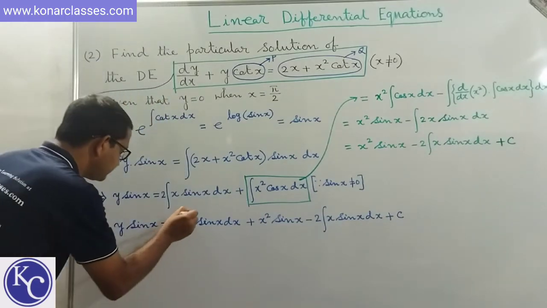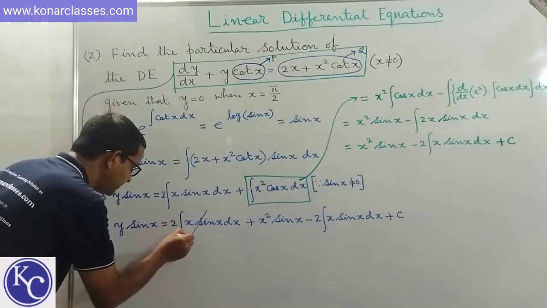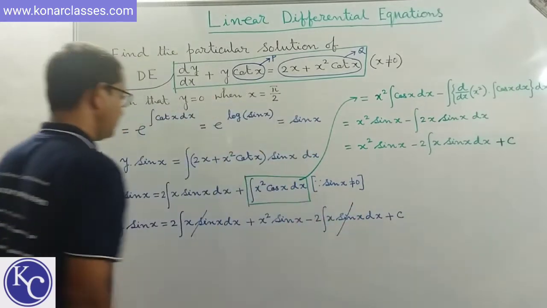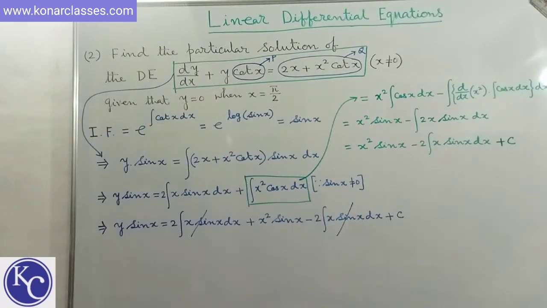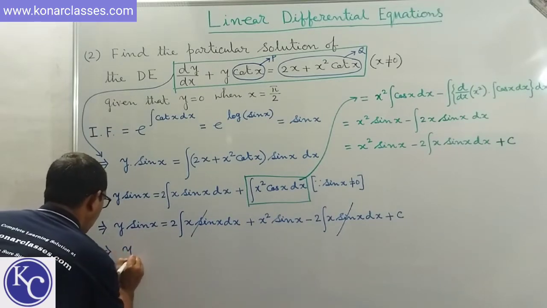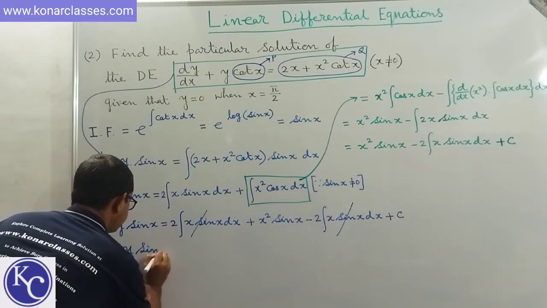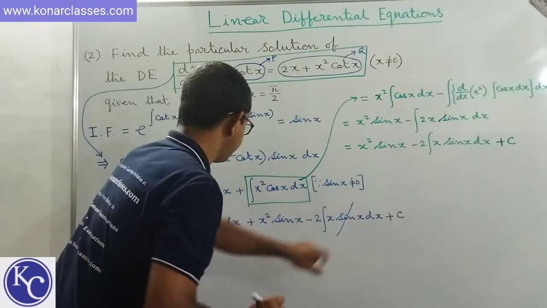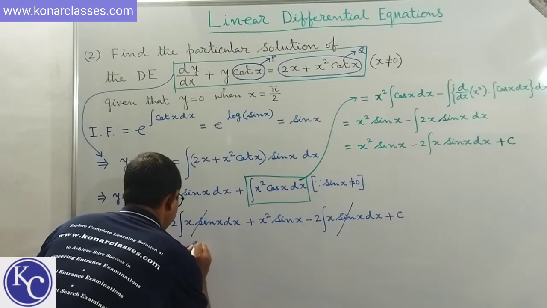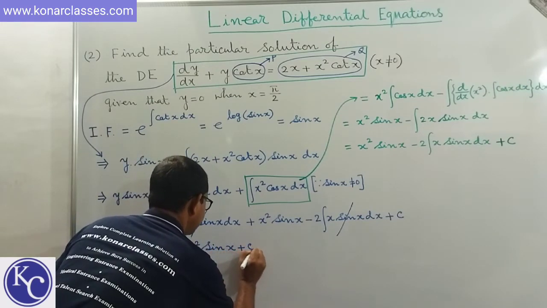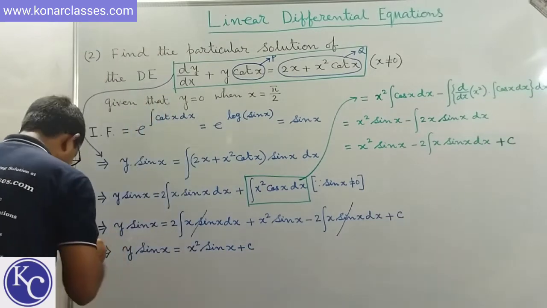Now if you notice, 2 integration x sin x dx minus 2 integration x sin x dx get cancelled. So from here we get y sin x is equal to x square sin x plus c.